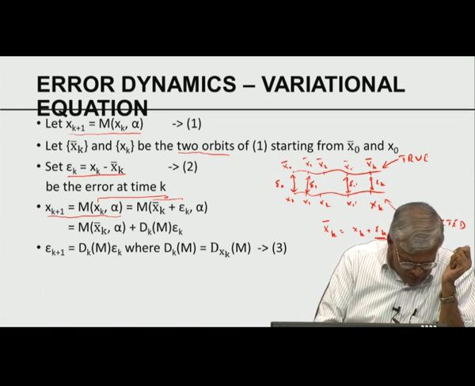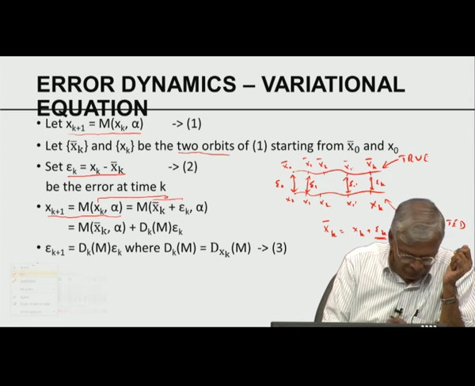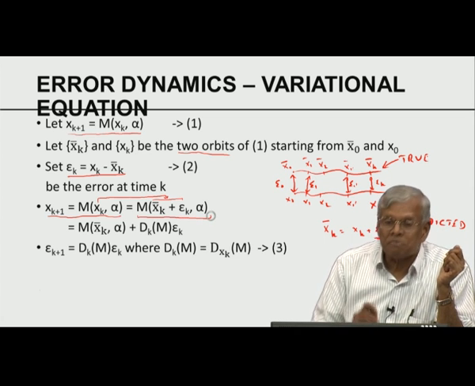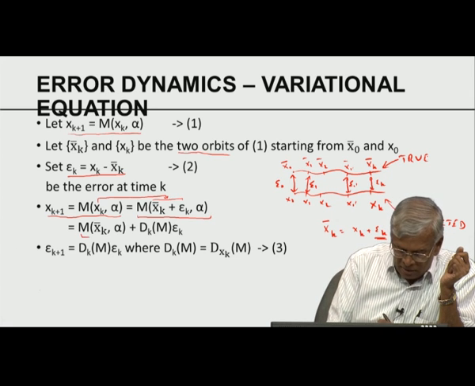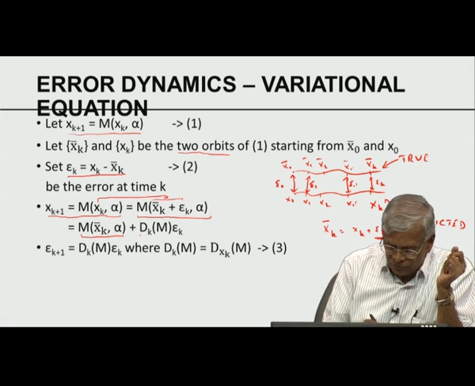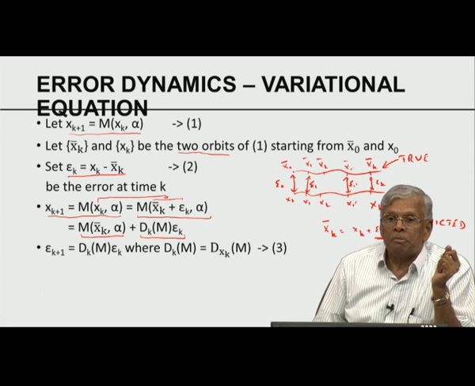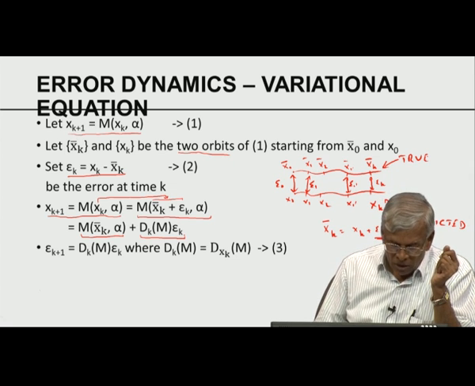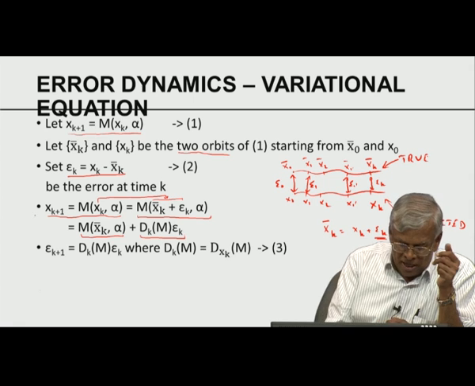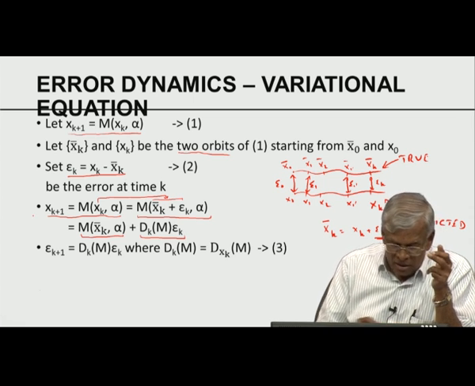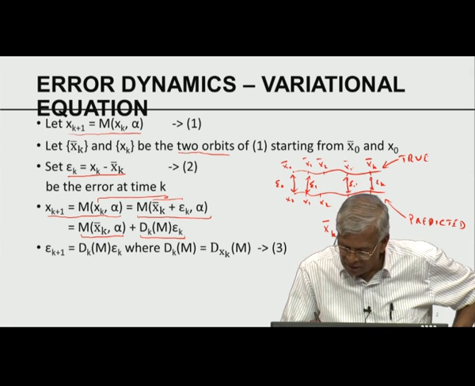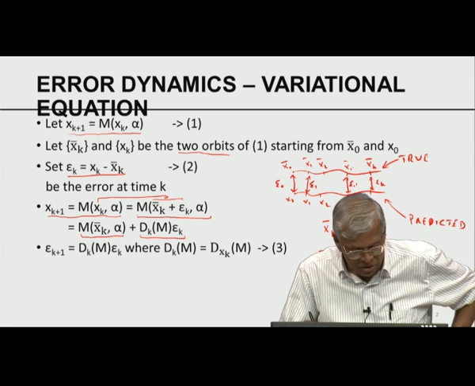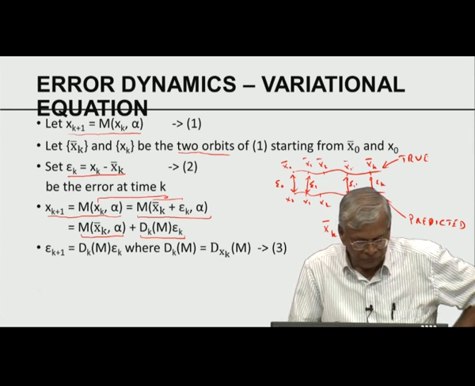So if I now express this map in the form of a Taylor series, this is the base value, this is the perturbation. Please also remember x k plus 1 bar is equal to m of x k bar plus alpha.